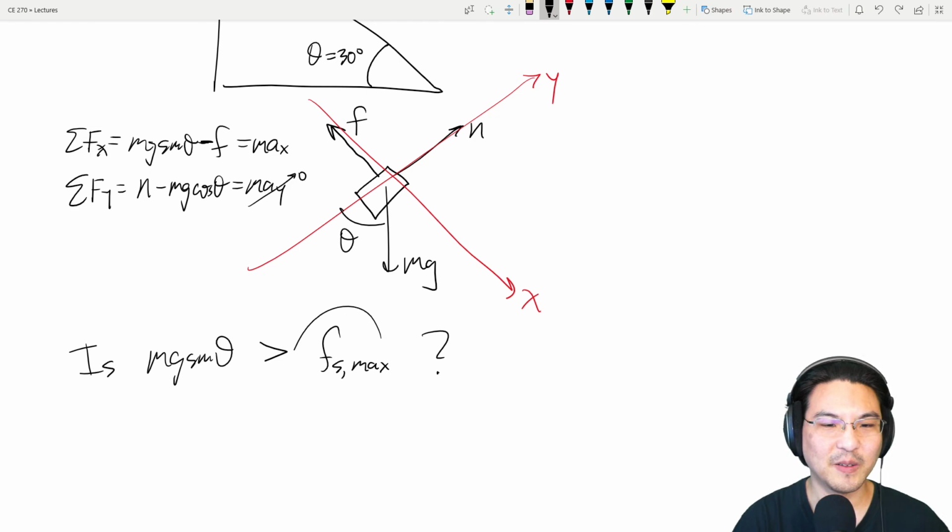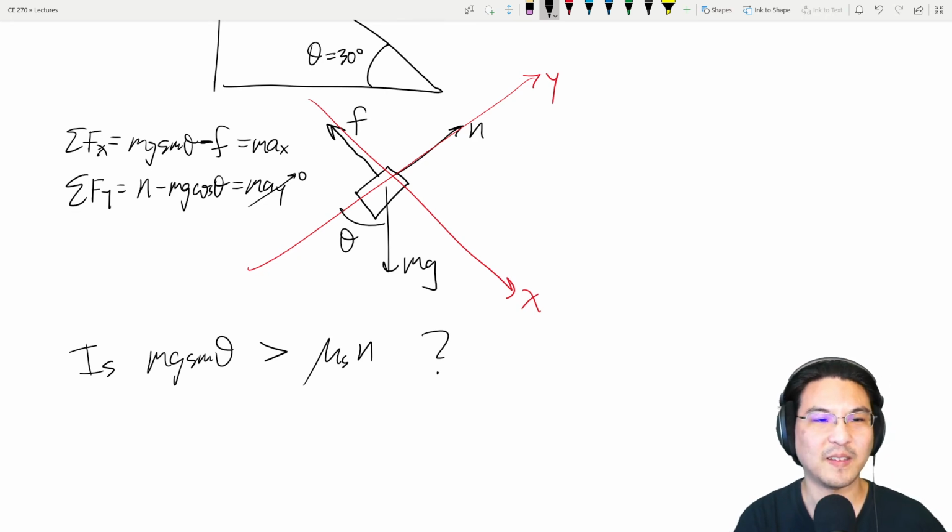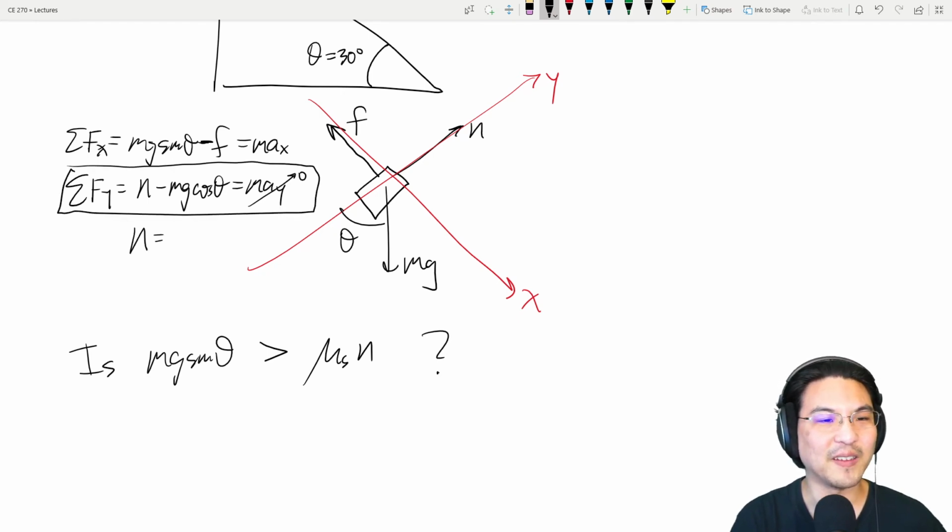Okay, so what is this again? That is at most mu s times N. Now let's take a look right here. N minus mg cosine theta equals 0, therefore N equals mg cosine theta.